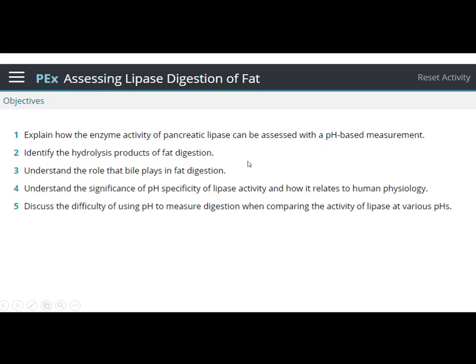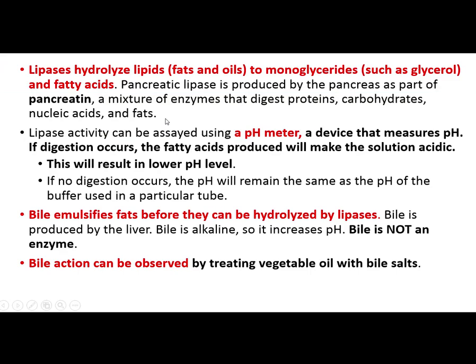So in the last activity, you're going to look at digestion of fat with an enzyme called lipase. Fats and oils, which are collectively known as lipids, are hydrolyzed to their monomers, for example glycerol and also fatty acids.